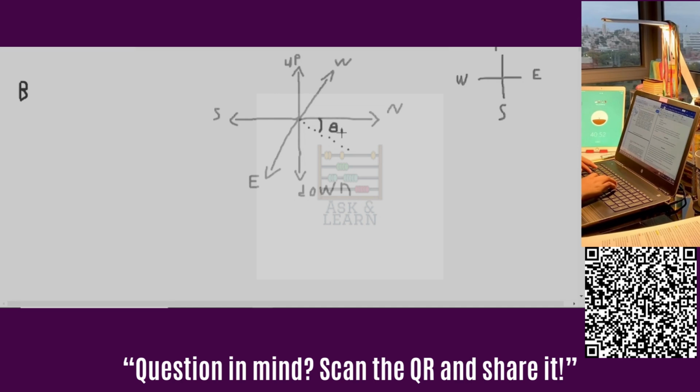And now we have a bullet that's fired up above the horizontal at an angle of theta 2. Now these are in this up north plane, the plane created between the up axis and the north axis.